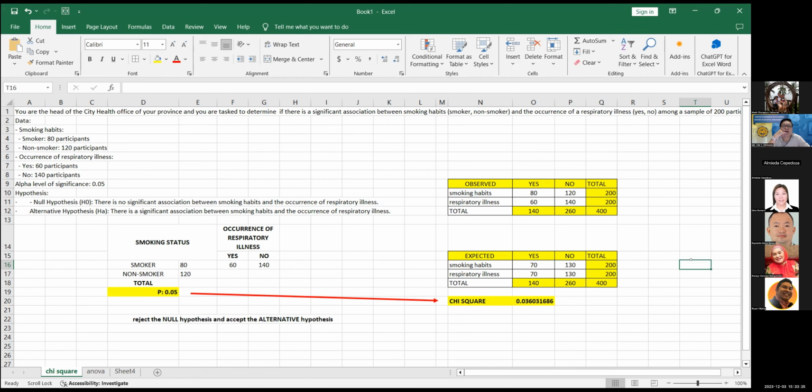Kaya iniba ko na din yung data. If you can see your contingency table for observed, the row number 1 should be smokers, not smoking habits and respiratory illness. These are not the nominal groupings that you were presented. The nominal groupings will be smokers and non-smokers.